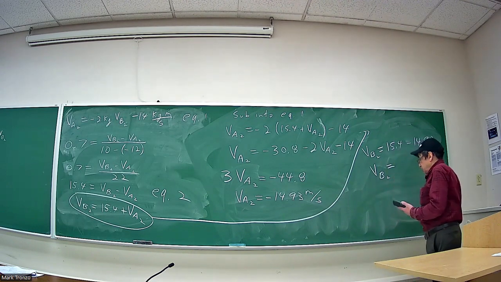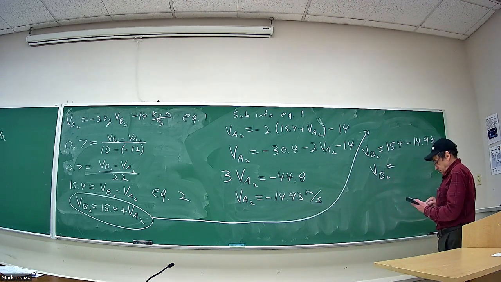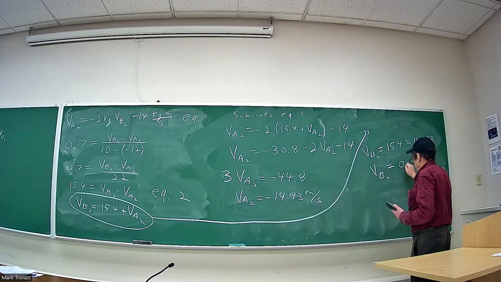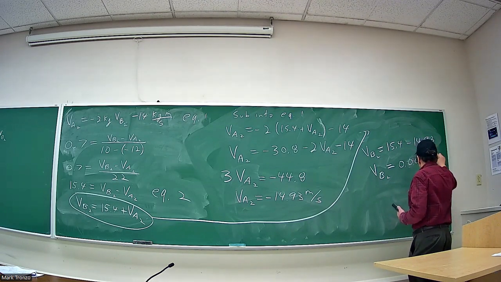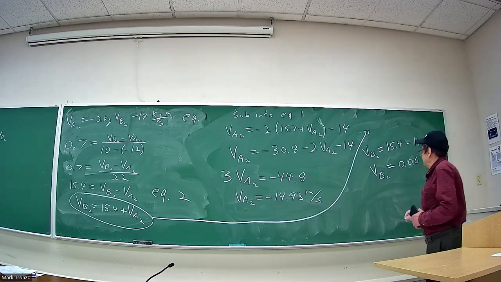And VB2 has a velocity of 0.067 meters per second. Quite interesting.